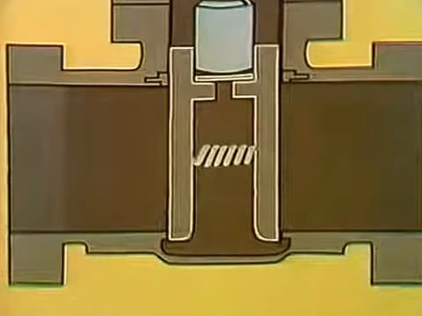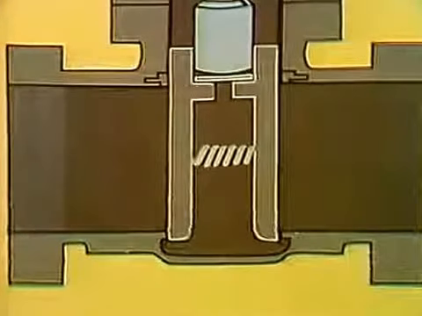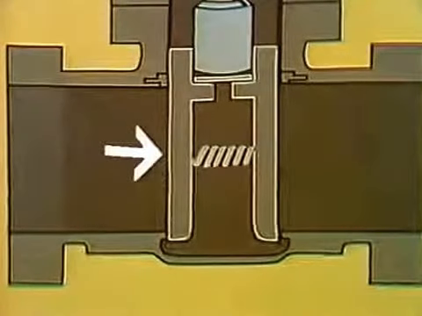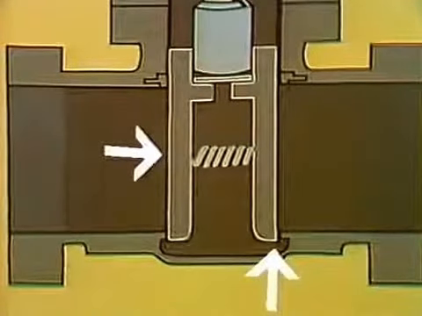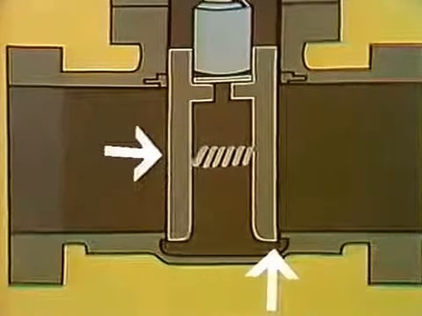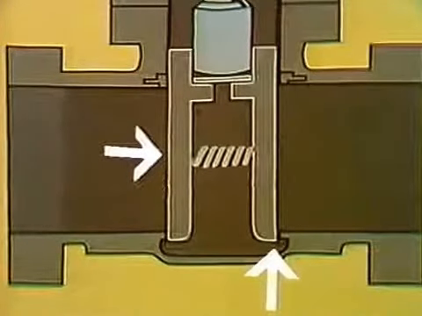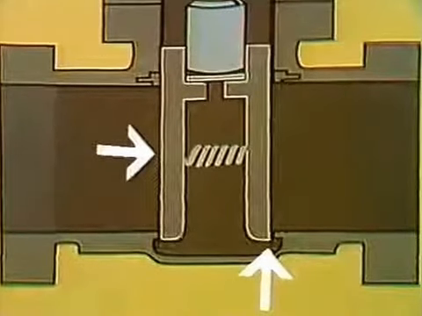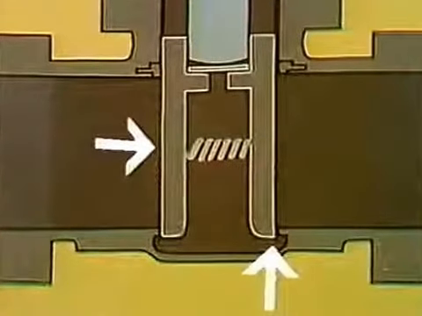Instead of wedging action, the double disc is seated by system pressure. Pressure from the high pressure side causes the disc on the low pressure side to seat tightly. This means that it can be used for high temperature applications. The double disc will not jam as its metal expands under an increasing temperature condition.